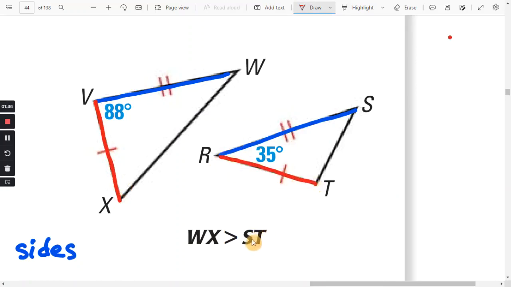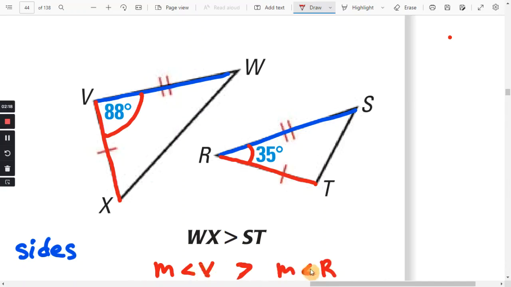Now, as a result, we look at the angle in between these two sides. Since this angle, angle V, is greater than this angle, angle R, okay, we can say the measure of angle V is greater than the measure of angle R. Okay, this is the greater than, less than symbol.